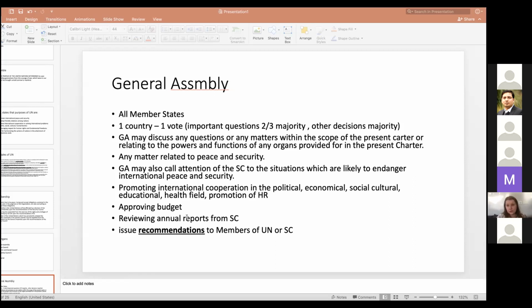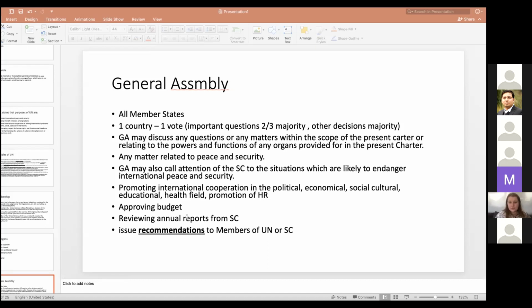What should be highlighted here is that the General Assembly is not a legislator in that sense, and its resolutions are purely recommendatory. Such resolutions, of course, might be binding if they reflect rules of customary international law or are related to the formation of a new customary rule.